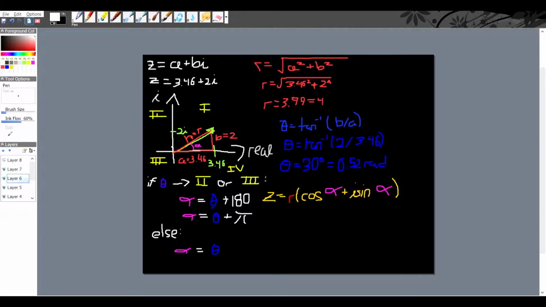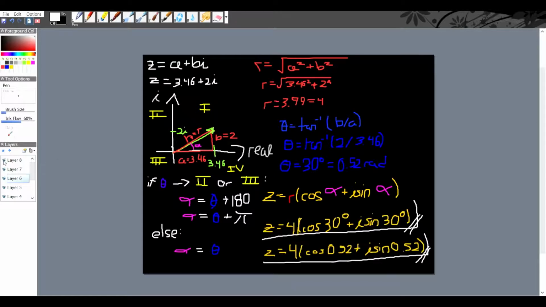So here we have what would be the polar form. We just have to substitute our values according to what we just calculated. And there you go. We have our final answers in both degrees and radians. So that's it.